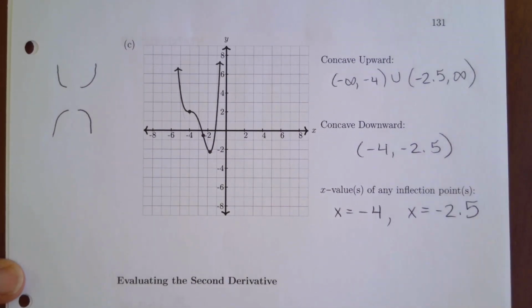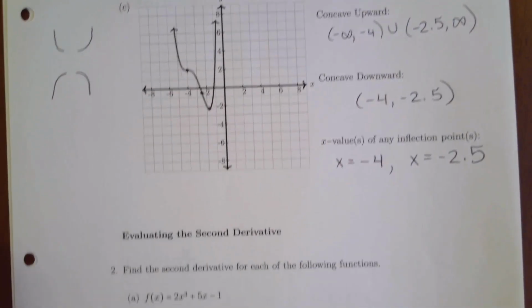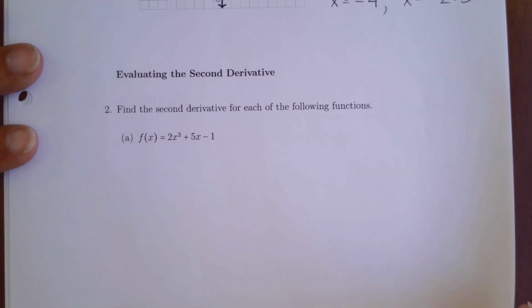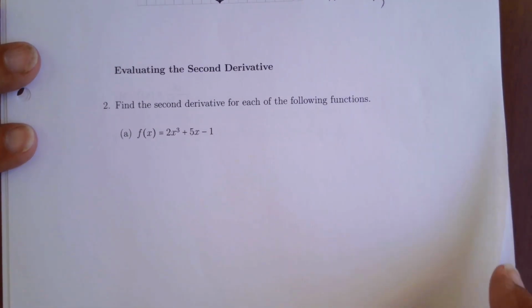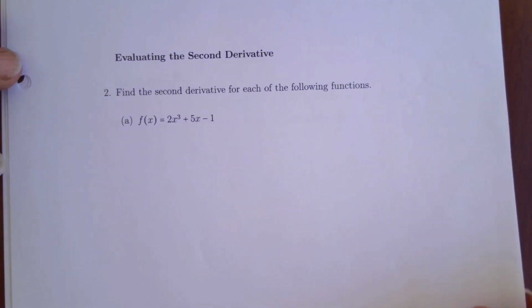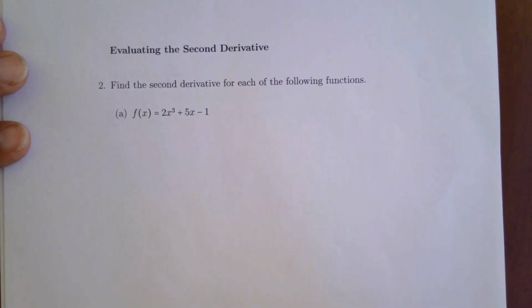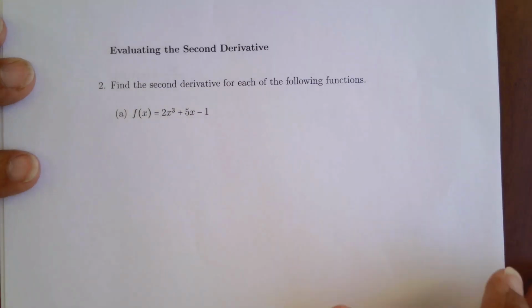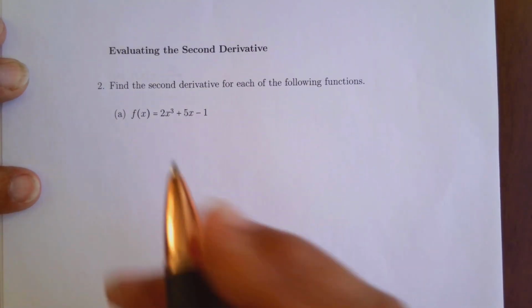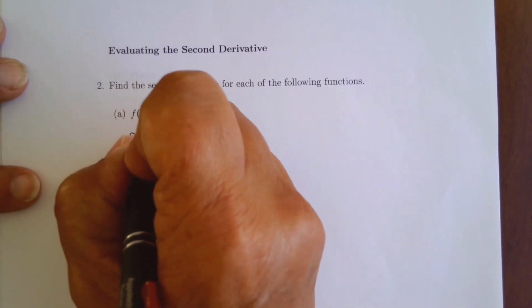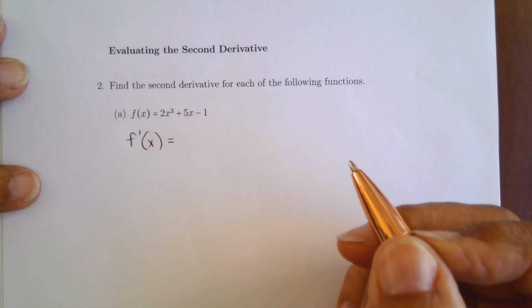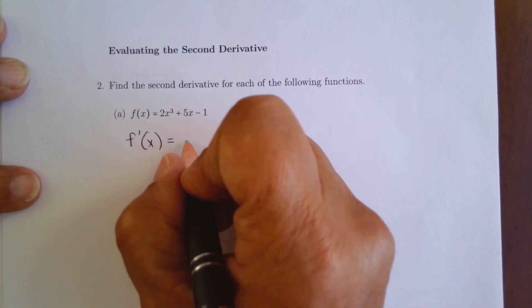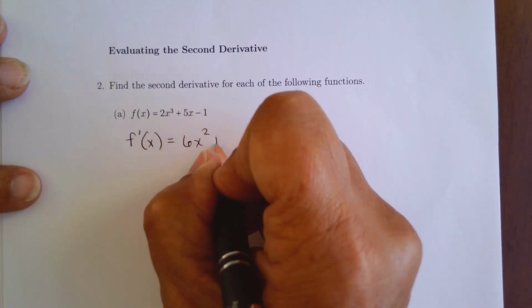All right, now in number 2, we're just going to start off easy, and I'm just going to ask you to find second derivatives. For number 2, to find the second derivative, we have to find the first derivative. So we would find the first derivative of f of x, which is 6x squared plus 5.